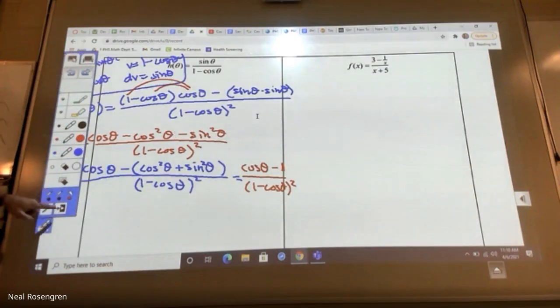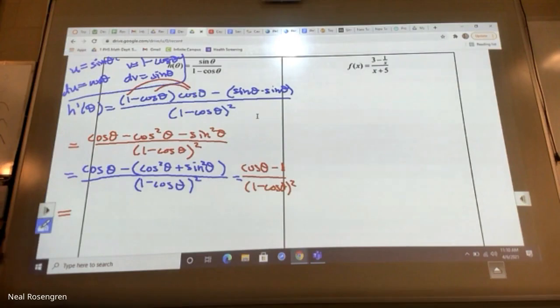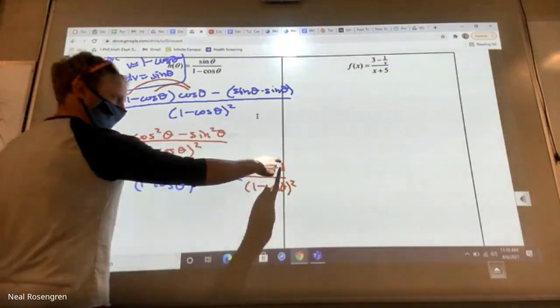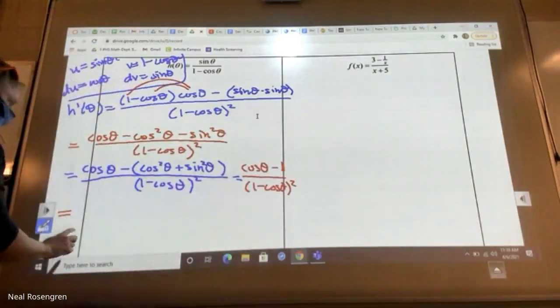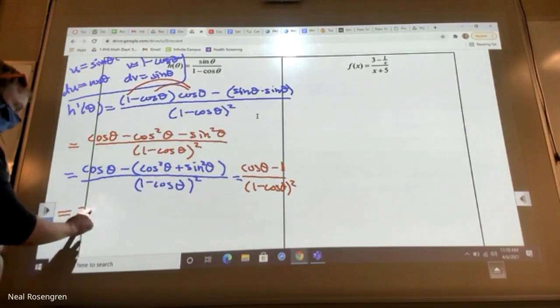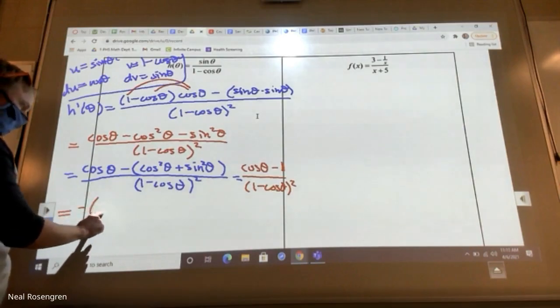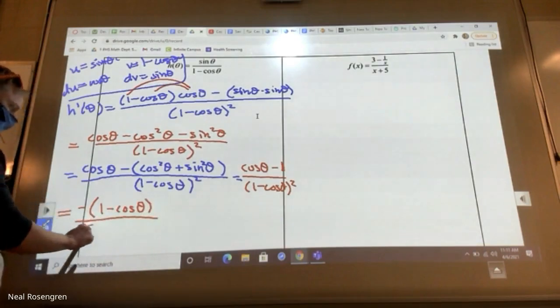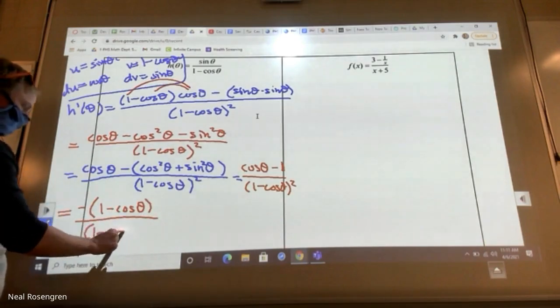Distribute out. Be careful with that sometimes. Distribute the negative. That's just one. Now here's where we get tricky. Oh, that makes sense. Okay.